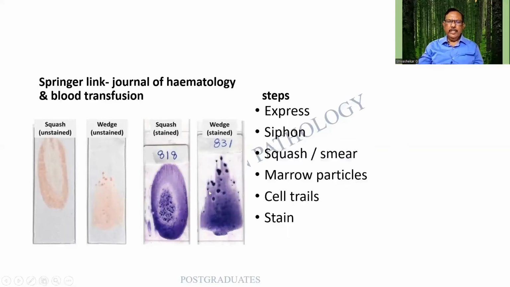The procedures you people already know. Whenever there is an aspirate, you express it. Then using another needle and syringe, you siphon off so that only the cellular marrow particles are left behind. You may use either a squash preparation or the marrow particles and a smear. Then finally you do the staining.